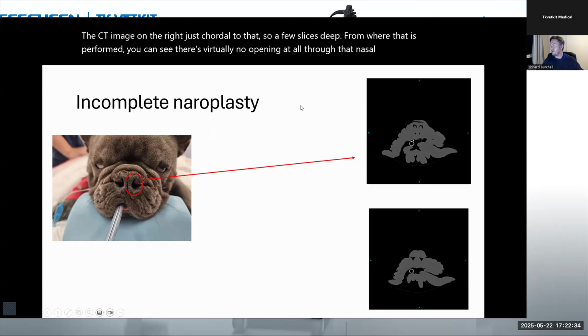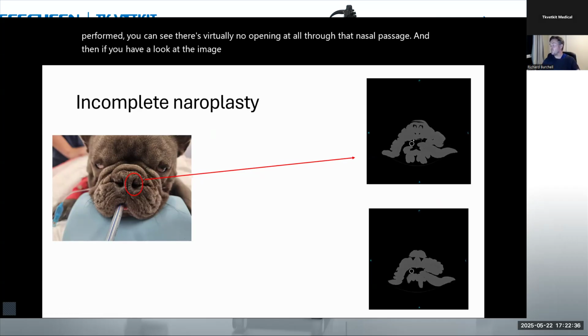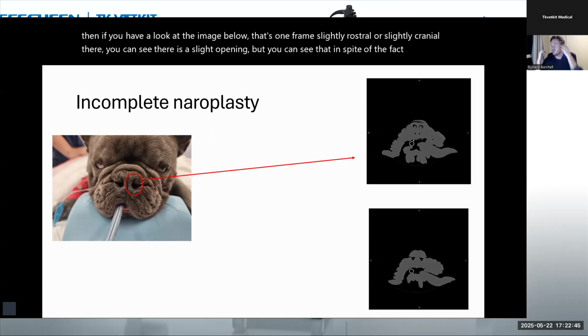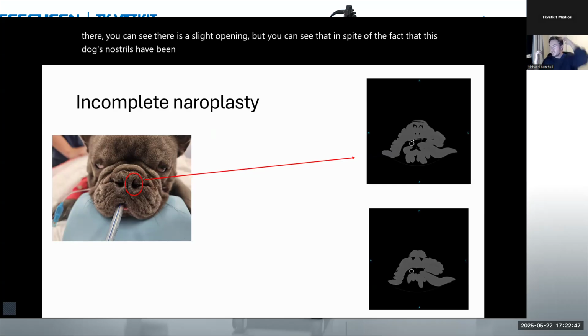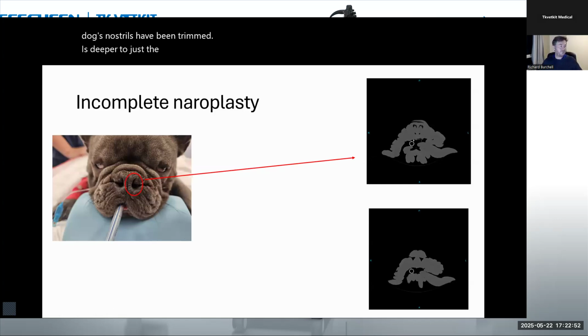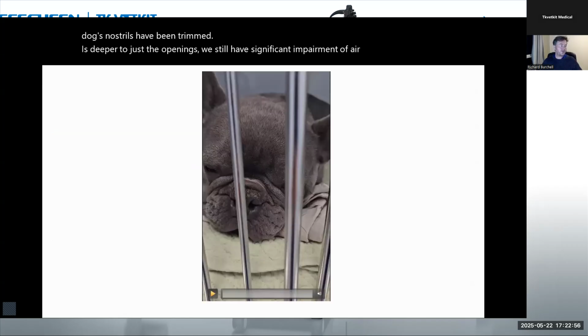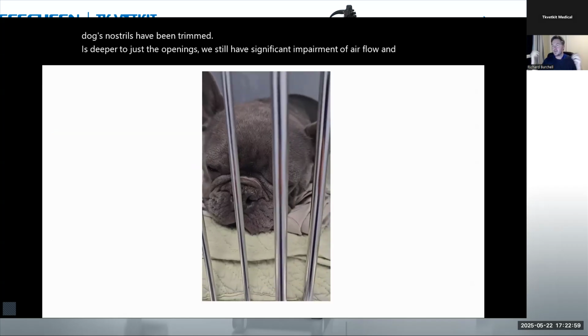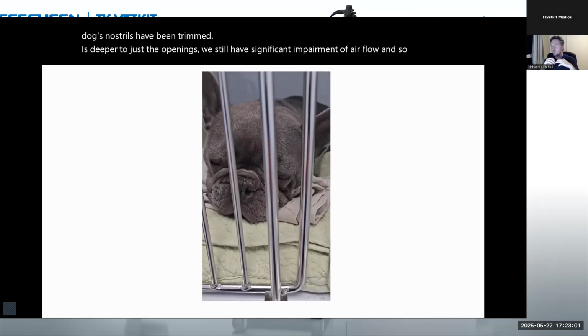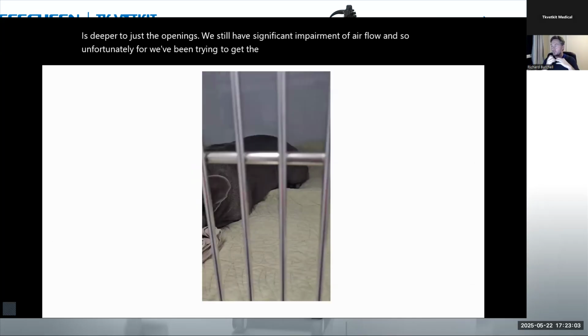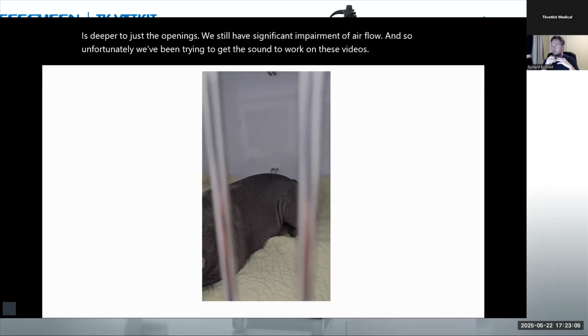And then if you have a look at the image below, that's one frame slightly rostral or slightly cranial. There you can see there is a slight opening, but you can see that in spite of the fact that this dog's nostrils have been trimmed, because the narrowing is deeper than just the openings, we still have significant impairment of airflow. And so unfortunately, we've been trying to get the sound to work on videos, but what this is showing is that this is the same dog.